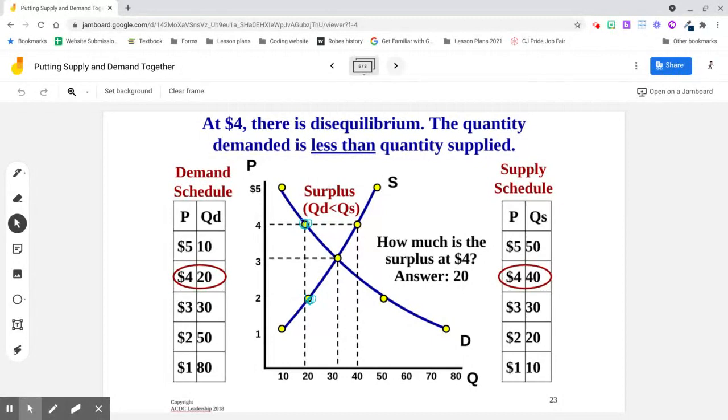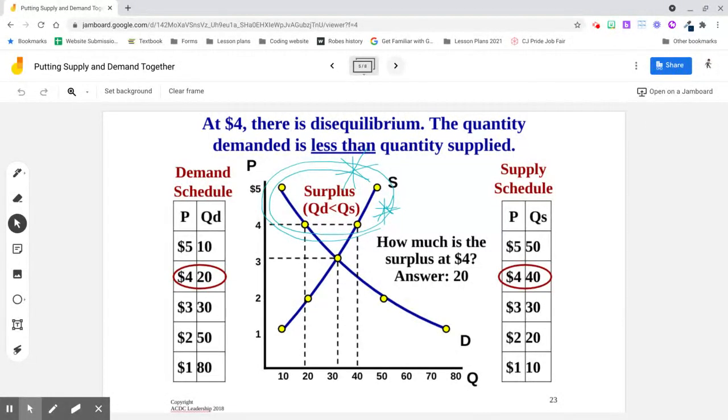If I said to you on a quiz tomorrow, "If I give you this chart, what is the surplus?" The quantity demanded is less than the quantity supplied. Know this formula. Don't be surprised if I ask you, what is the surplus formula?